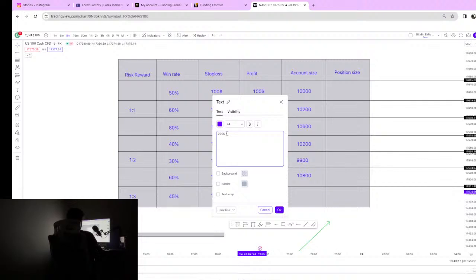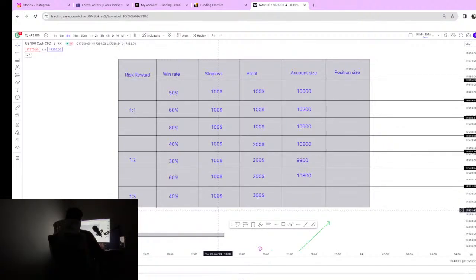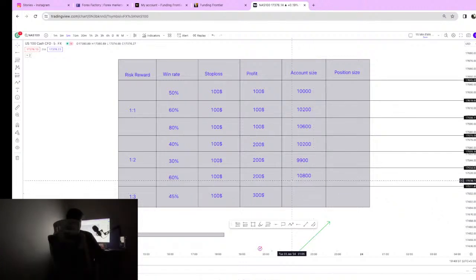So our win rate is 45%. What will be the win size? 1:3, 300. Have you calculated? Reply fast, then I'll answer the thing.